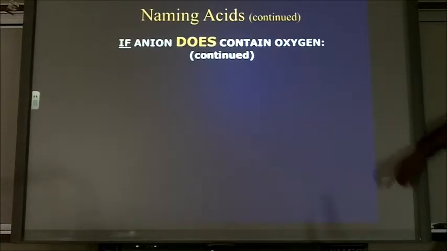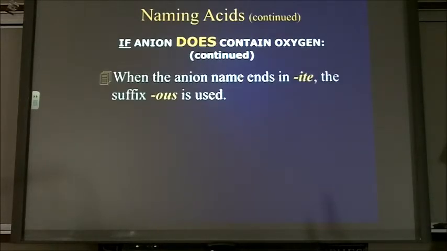If the anion contains oxygen, continuing on, in this case, if it ends in ite instead of ate, what's an example of something ending in ite? Very good. So if you have sulfate, but you removed one oxygen, so it's not sulfate but sulfite, SO3 with the -2 charge, then we drop the ite ending and put ous.